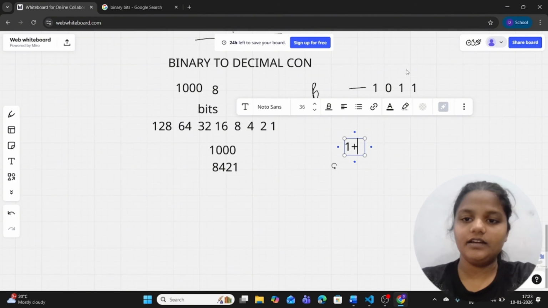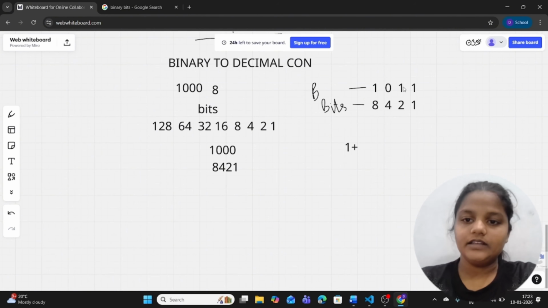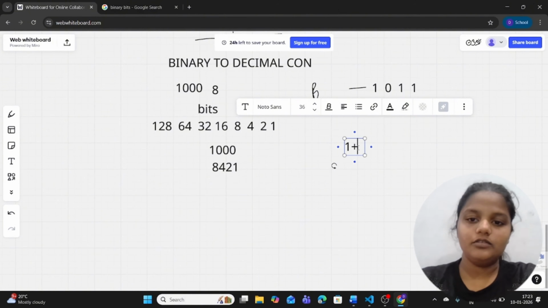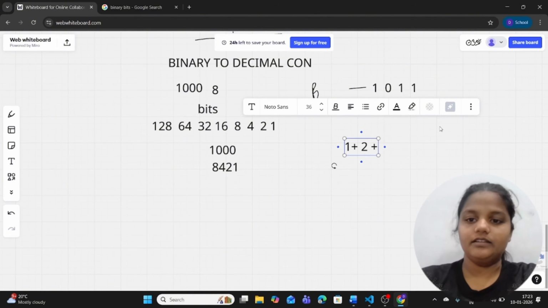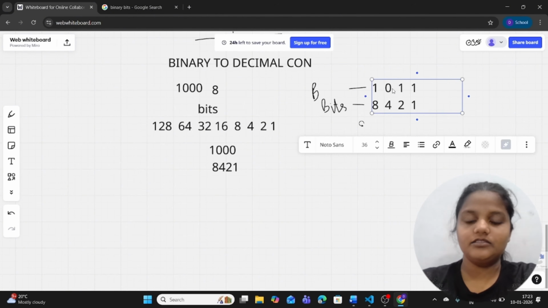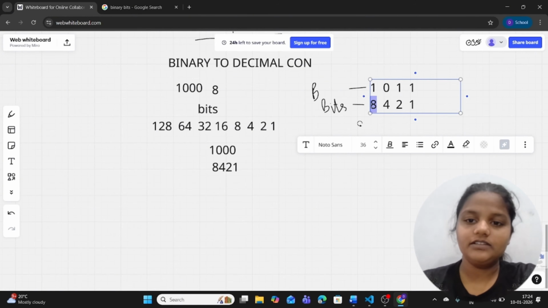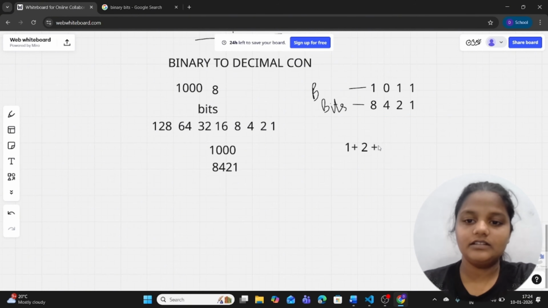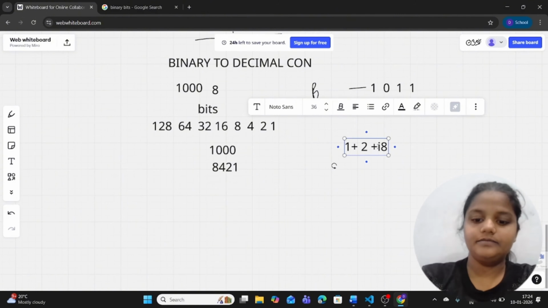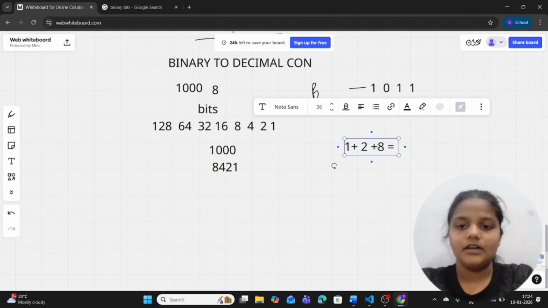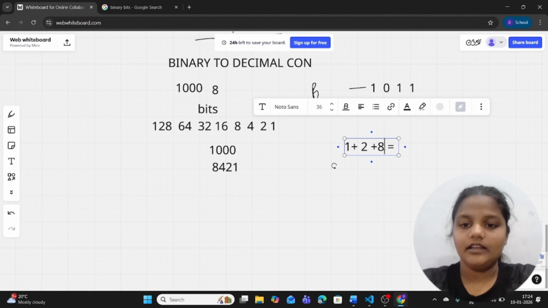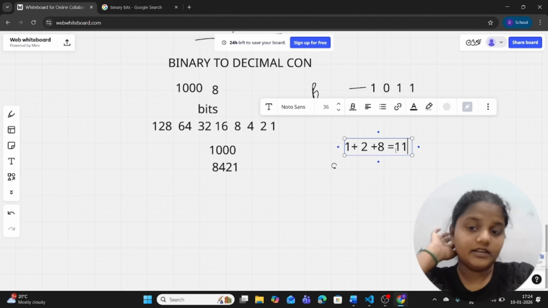Then we have the second bit also 1. So that corresponding value is 2, right? So add 2. Then we have the third bit as 0. So we won't consider that. Then we have the fourth bit as 1. So the corresponding bit value is 8. So we will just add 8. Now add all. 8 plus 2 is 10, 10 plus 1 is 11. So the decimal value for this binary number is 11.